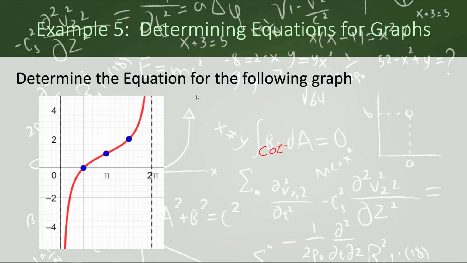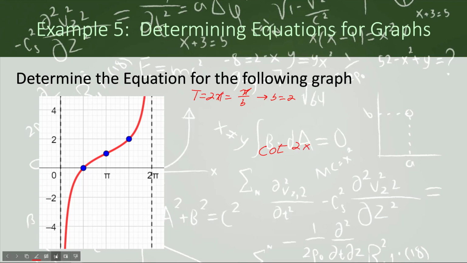Furthermore, the period T is equal to 2 pi, which is going to be equal to pi divided by b, which is the coefficient of the x. So if that's the case, we have that b is equal to 2. Okay, so we will have cotangent of 2 times x.